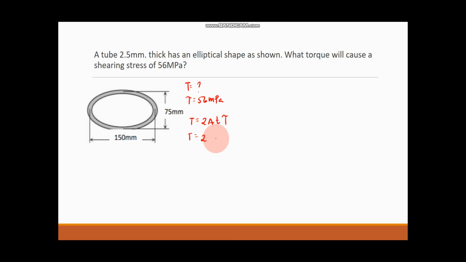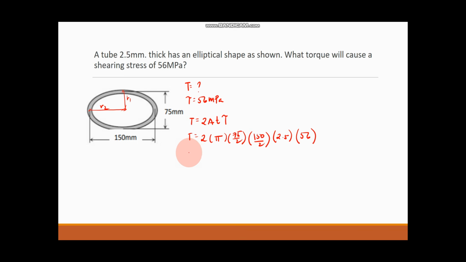The area of an elliptical shape is equal to pi times the radius 1 multiplied by the radius 2. So this would be our R1, and this would be our R2. R1 is 75 over 2, and R2 is 150 over 2. The thickness is 2.5 millimeters, and the shearing stress is 56 megapascal.